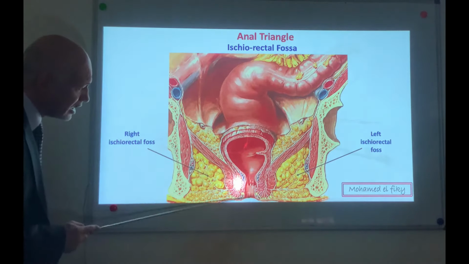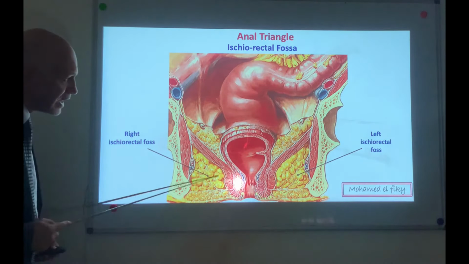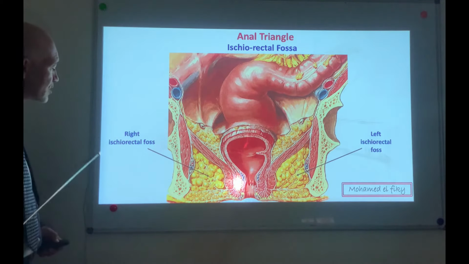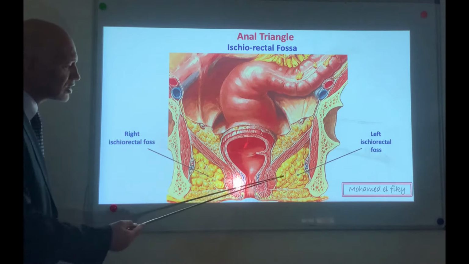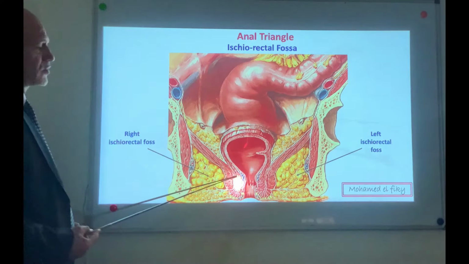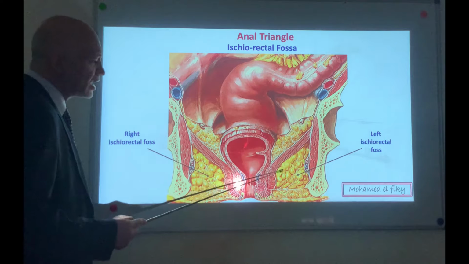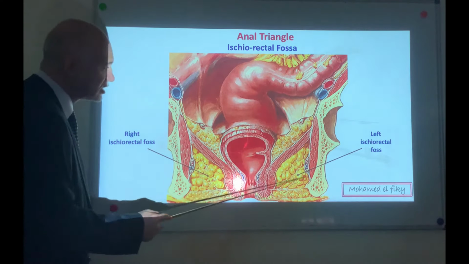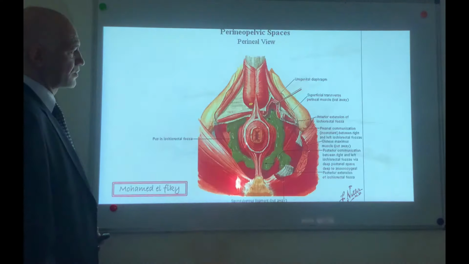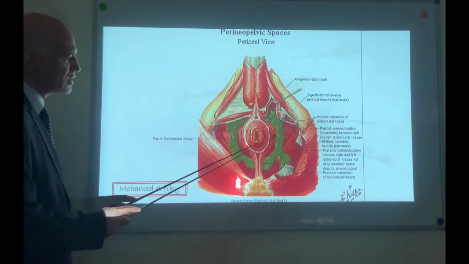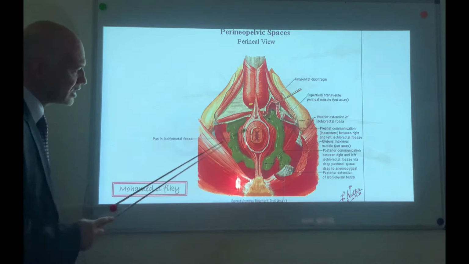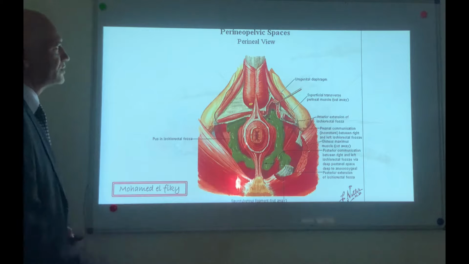The anal canal is surrounded by a space called the Ischio-rectal Fossa. Very, very important. So we must know the boundaries of the Ischio-rectal Fossa and the contents of the Ischio-rectal Fossa. This is the anal canal, and this is the Ischio-rectal Fossa in between.